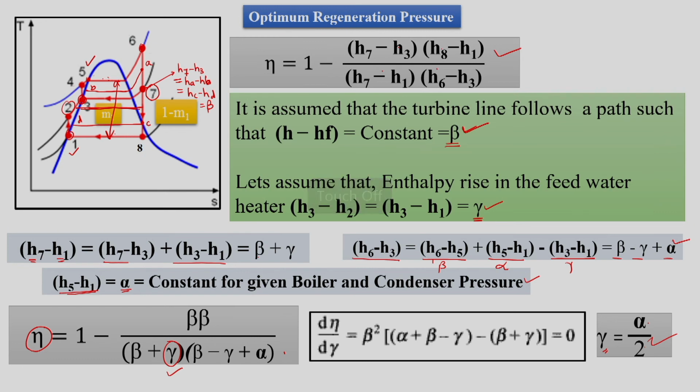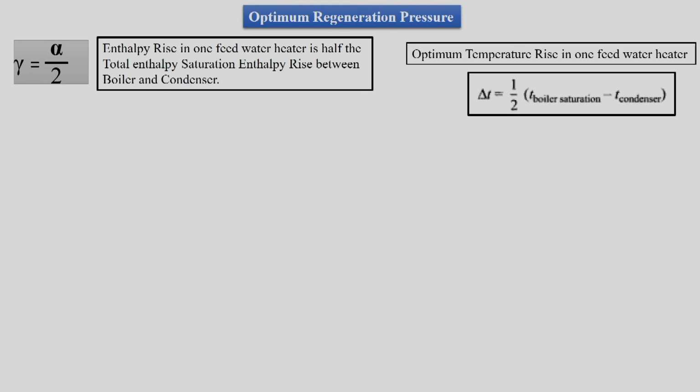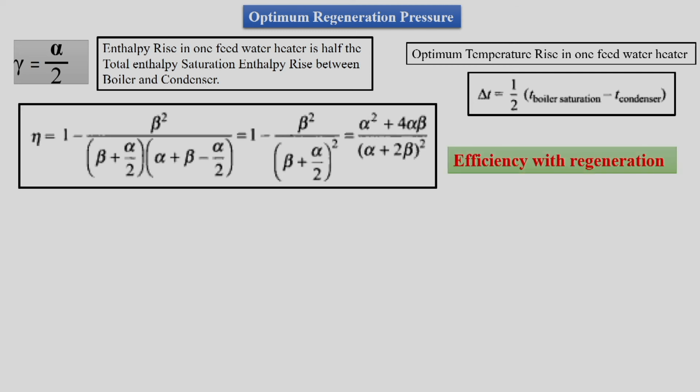Since the enthalpy rise has to be half, the corresponding temperature rise should also be half in the feed water heater. So, delta T in the feed water heating, or temperature rise, is half of the boiler minus condenser saturation temperature.